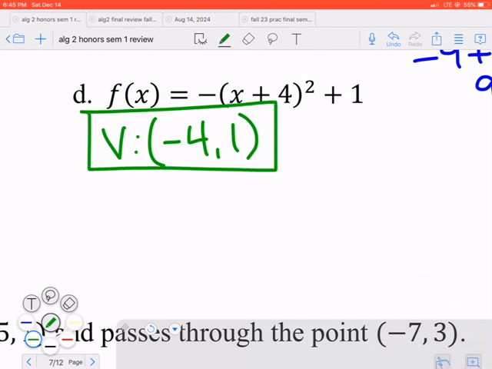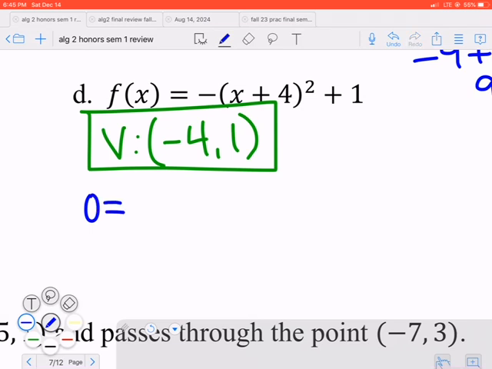And now I just need to find the x-intercepts. So I could FOIL this out to put it in standard form, and then factor it. Or what you can always do is set the y value equal to 0 and solve it.